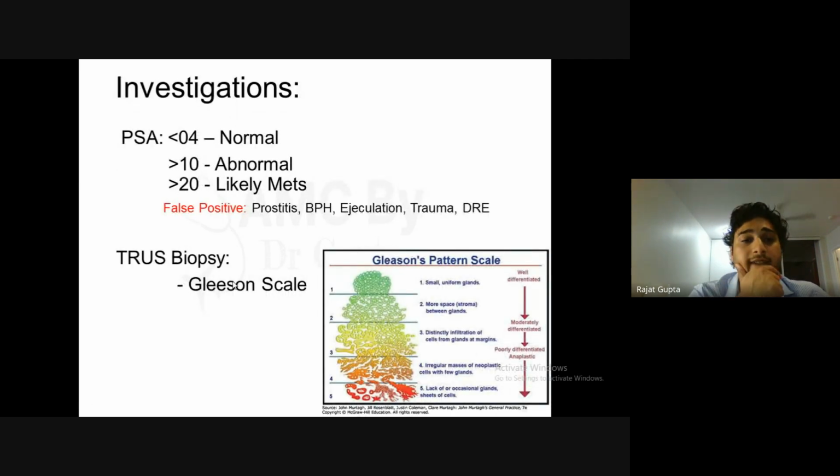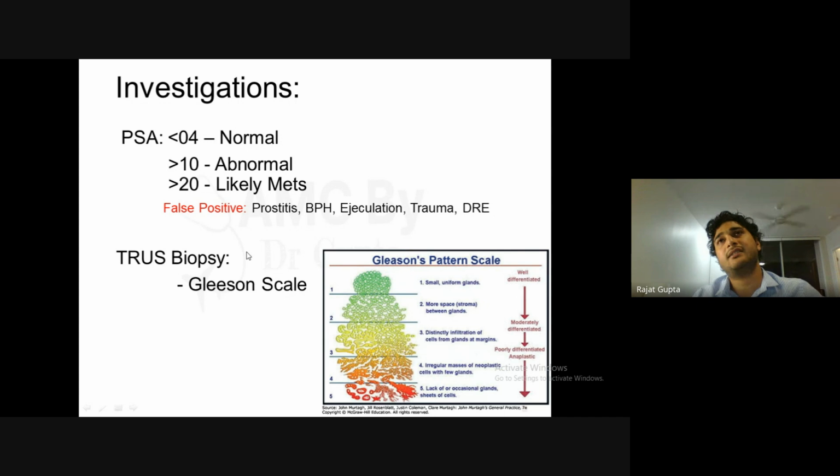And the test PSA, when we do, the normal is less than 4. If it is more than 10, it is likely to be a prostatic issue, that can be benign prostatic hyperplasia or prostatic cancer, and if it is more than 20, it's likely metastatic.